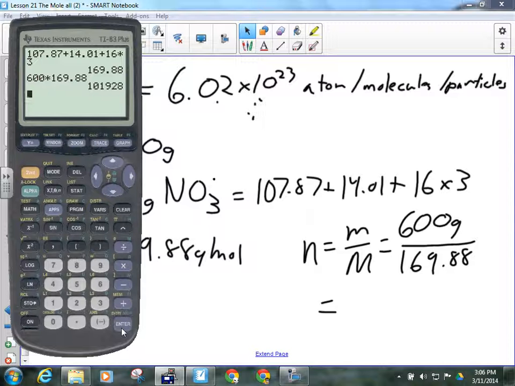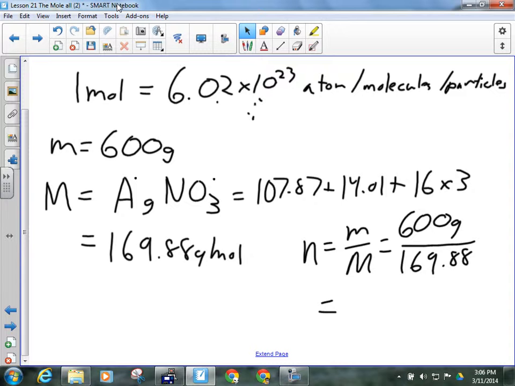Sorry, guys. 600 divided by 169.88. So I have 3.53 moles of this stuff.